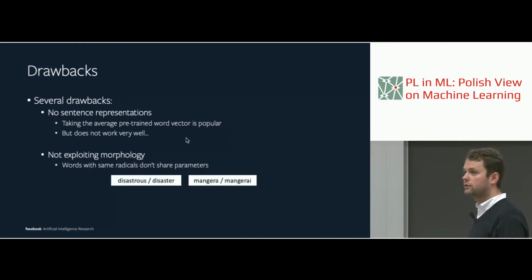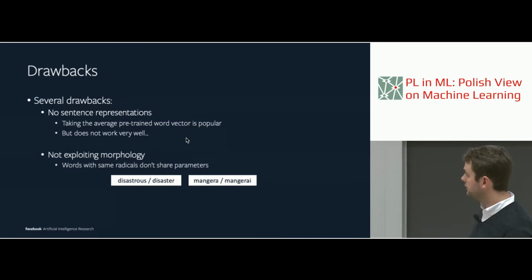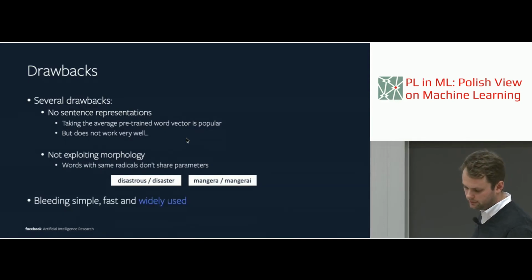For instance, if you have 2 words in English, disastrous, disaster, they're gonna be just encoded as independent vectors in the embedding table, and they're gonna have a separate entry in the parameters, this one and this one. The same goes with like a French conjunction or any kind of grammatical variation.